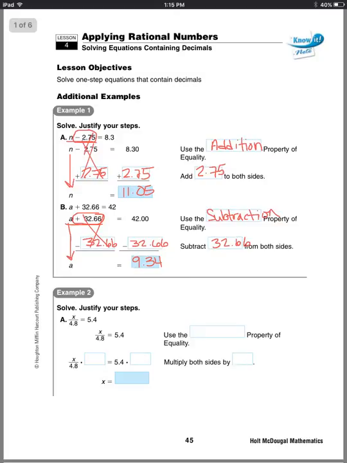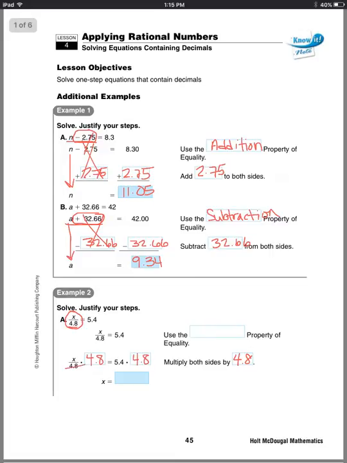Okay, the next one, we see a fraction, that shows dividing, so we are going to be multiplying to do the opposite. And we're going to look at the constant, which is 4.8, so we're going to multiply both sides by 4.8 because that's the opposite.